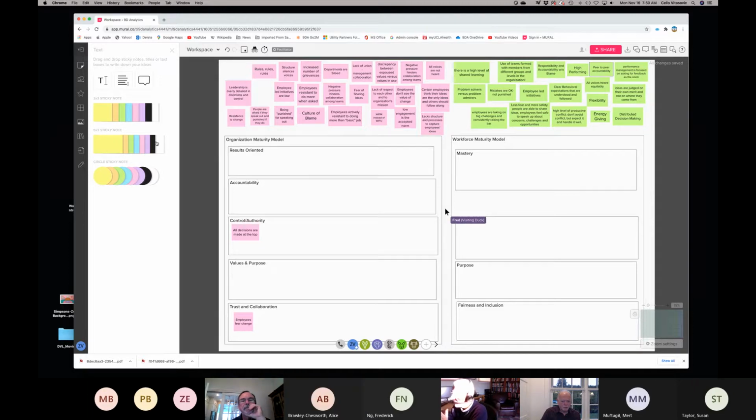So we describe the characteristics of maturity on level 1 for the workforce and then for level 5, so that we can have a framework, just like we had with business processes, for knowing where we are and what we need to do. Then change management will be about what we need to do to get from A to B. So I'm going to stop now and see if people have comments, suggestions or questions.